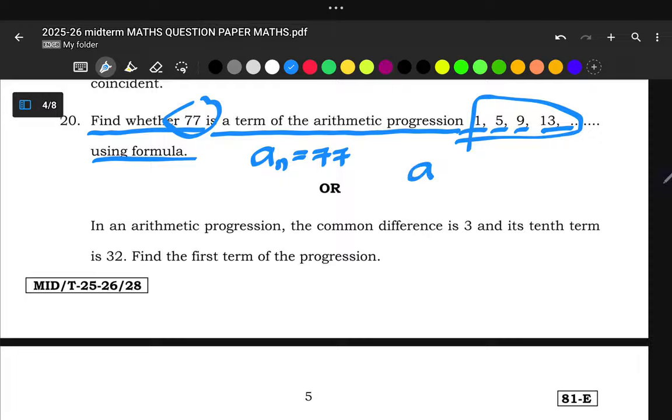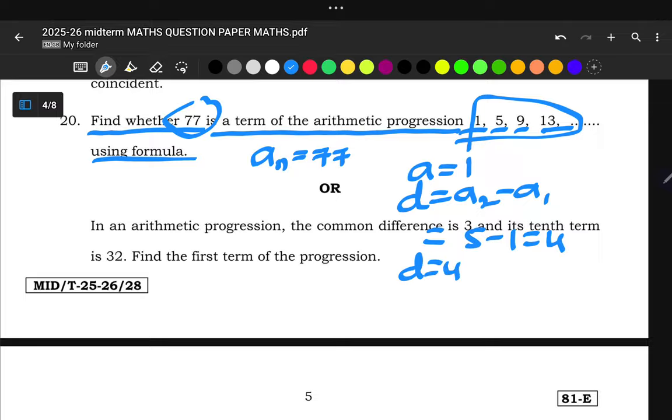Now from the given AP, A is equal to 1. First, from the question, write the given values. A1 is equal to 1 or A is equal to 1. And what is the difference here? D is equal to A2 minus A1, that is 5 minus 1 equal to how much here? 4. It means D is equal to 4.